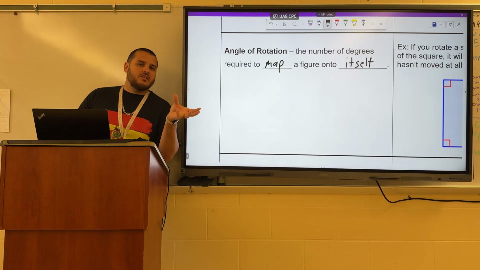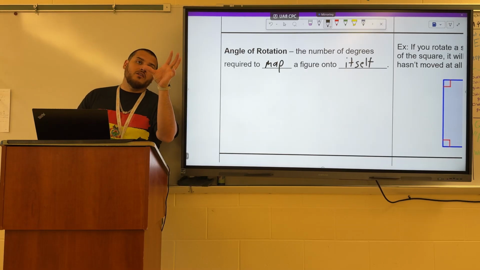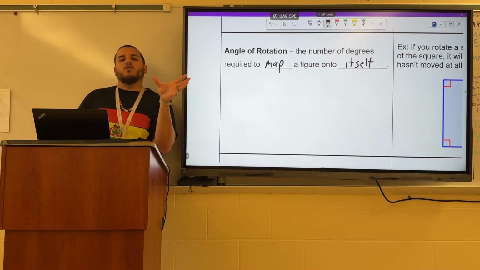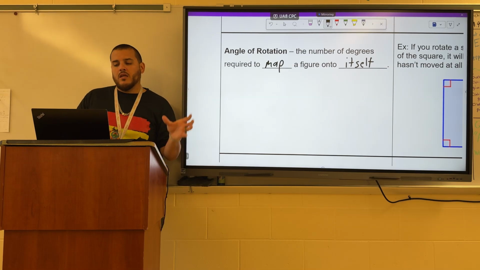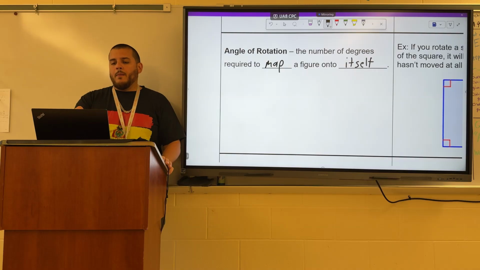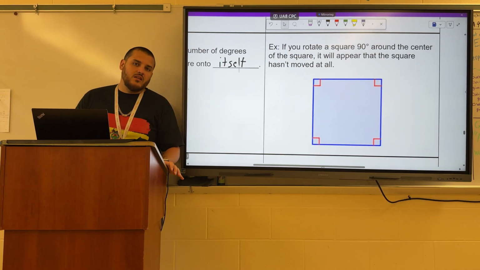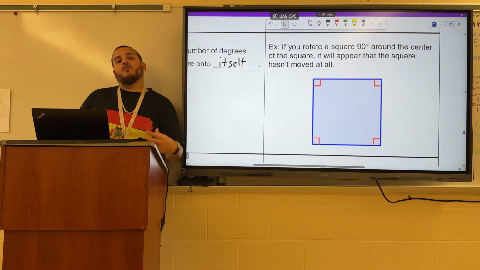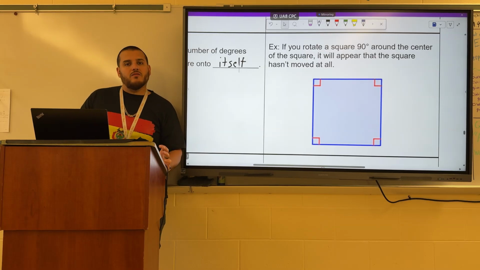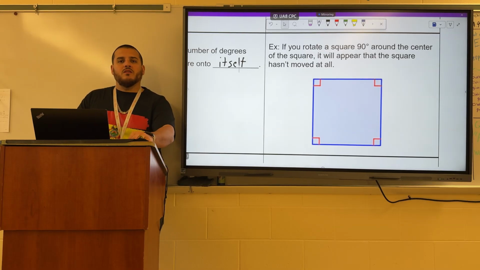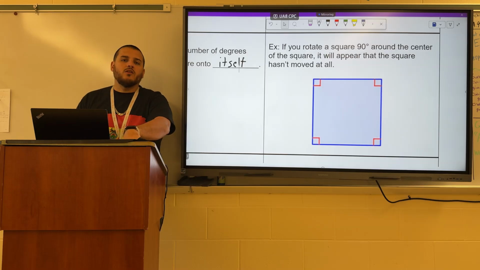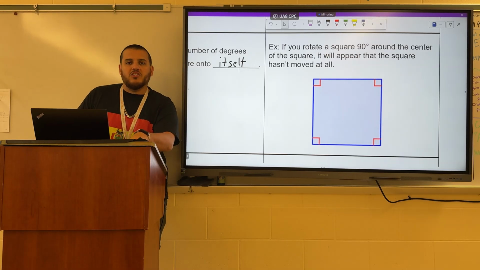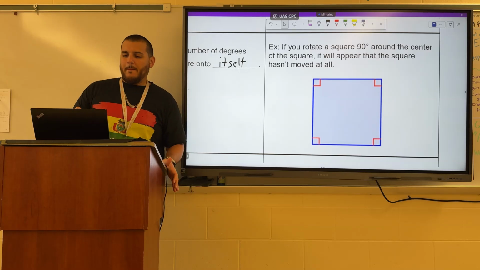It's just another fancy way of saying rotating it, where all the vertices lined up exactly where they were before I rotated, mapped onto itself. All right, and again, for the square, that was 90 degrees that I turned it. It's a quarter of a turn. For other figures, it'll be a different amount of degrees, and that's going to be the purpose here of what we're learning, is figuring out what that angle of rotation is for these shapes that have rotational symmetry.